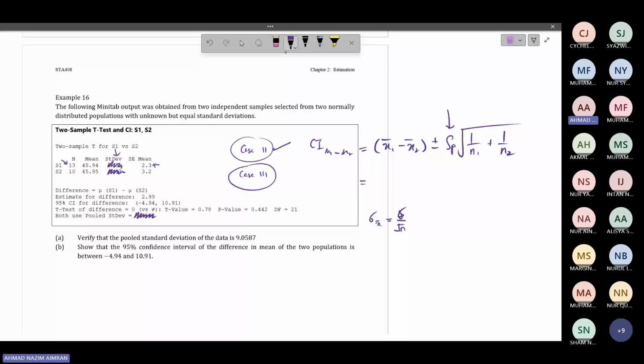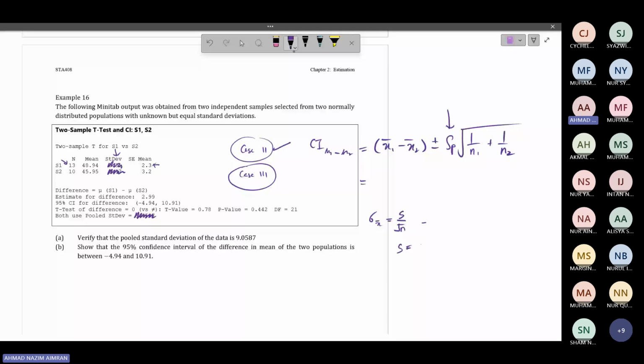Okay, so to get the standard deviation of the sample here, it is actually the standard error mean times square root of n.